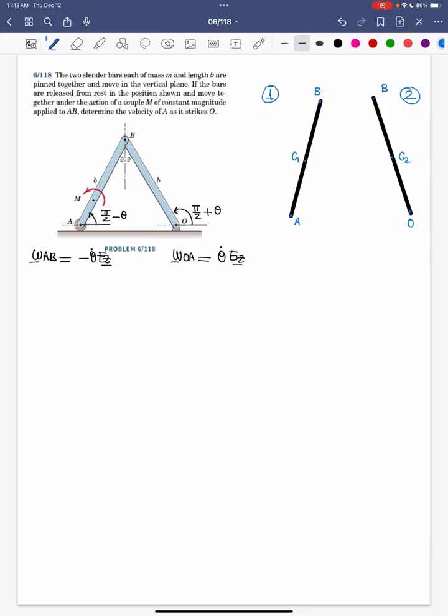I have the normal force at A, weight W1 here, a reaction force at B, and its opposite on the other side, action-reaction kind of thing, W2, and reaction force at O. One more thing, we have the couple moment applied at this bar. The actual location of the applied couple does not matter. So now we can write the work energy theorem for each bar.